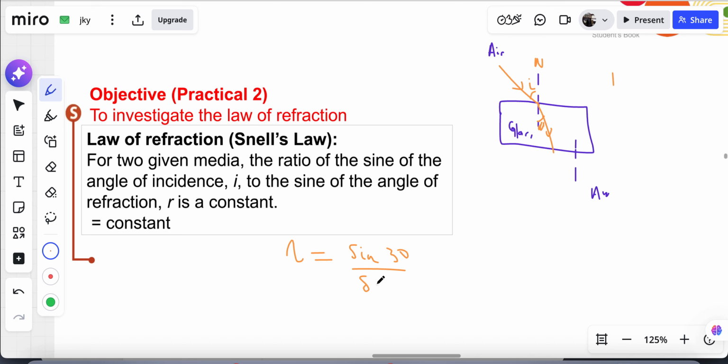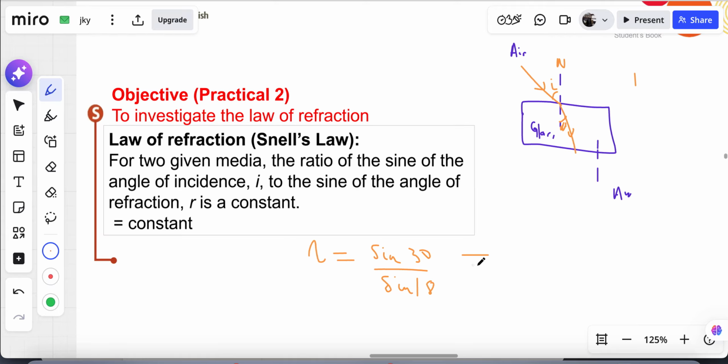You press your calculator, and sine 30 divided by sine 18 gives you the refractive index. That ratio is a constant, and for glass and air you get 1.6. So the refractive index in this case is 1.6.